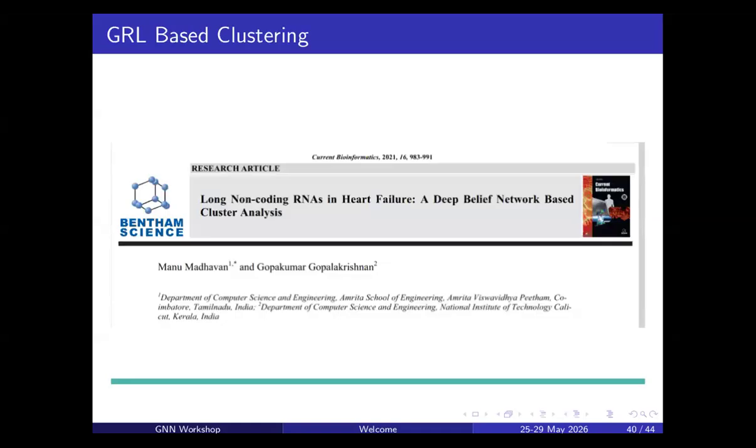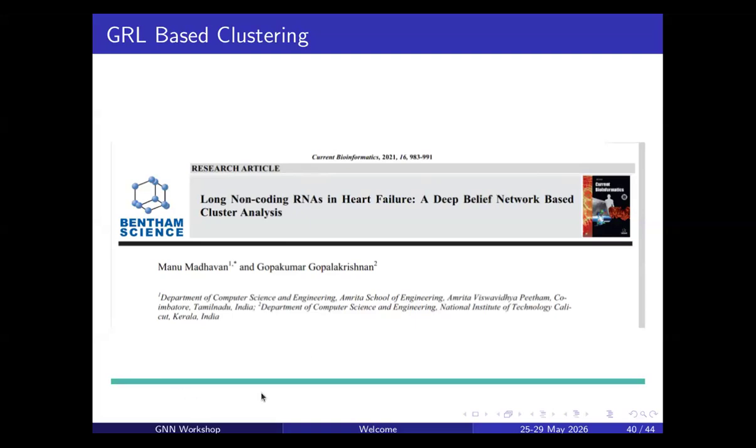In the third work, in the previous two works we used graph representation learning for classification tasks. Now we are using it for clustering. We will use the learned embeddings from DBN-LDA, the deep belief network, for clustering the LNC RNAs particular to a disease.